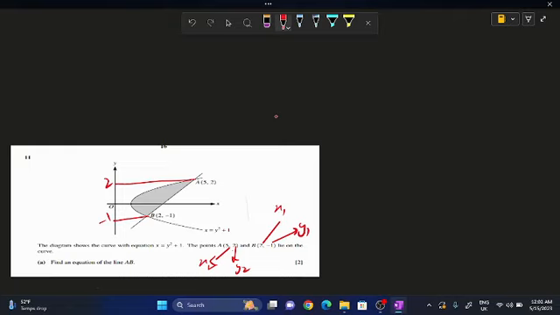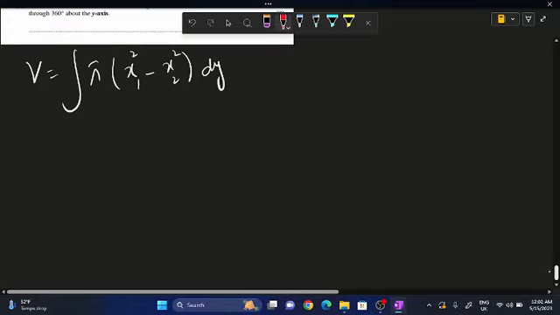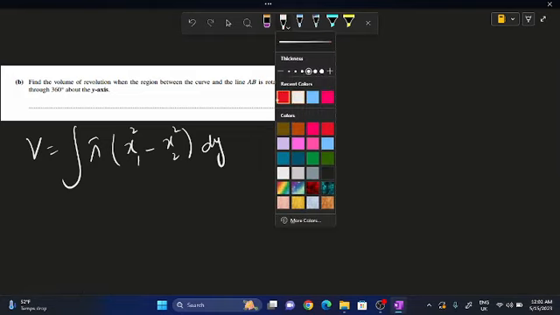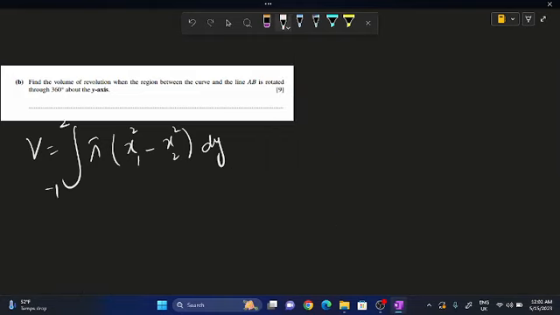If this is rotated along the x-axis, then your limits between 2 and 5 would be chosen. But this is chosen along the y-axis, so it would be -1 to 2 limits. So limits would be -1 to 2.